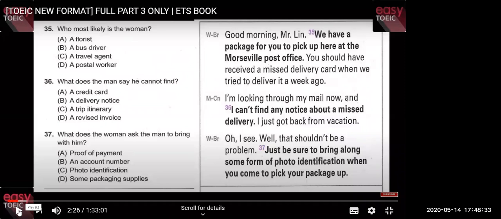Try to do the next one without looking. Actually, I'm going to turn the sharing off, okay? So you can't read it.